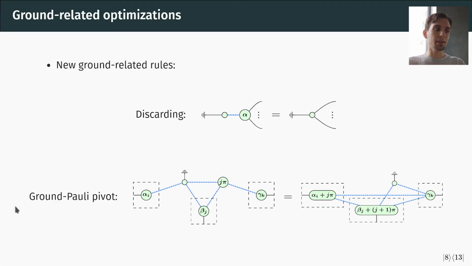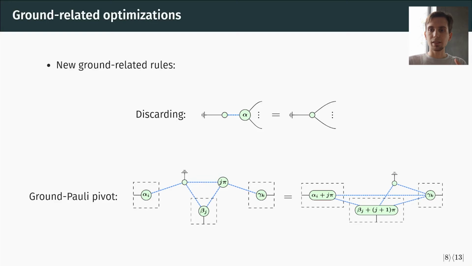We also have the ground polypivot, where we delete spiders with a phase of 0 or pi that are connected to a grounded spider. With these rules, we could apply the same strategy of finding any available matches and deleting spiders until we terminate.